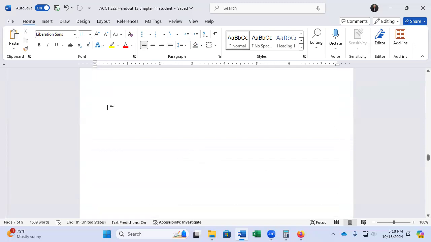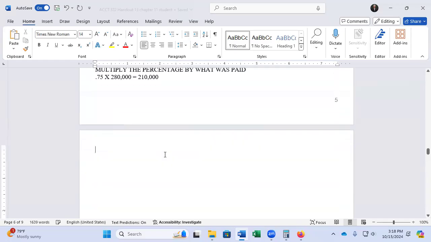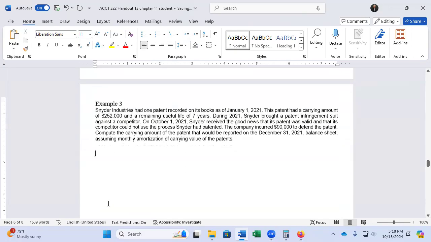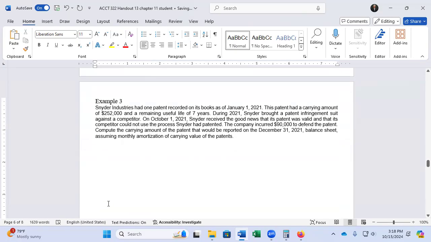Okay, let's take a look at example 3. Okay, so we have a company that has a patent with a carrying amount of 252,000 and a remaining useful life of 7 years.